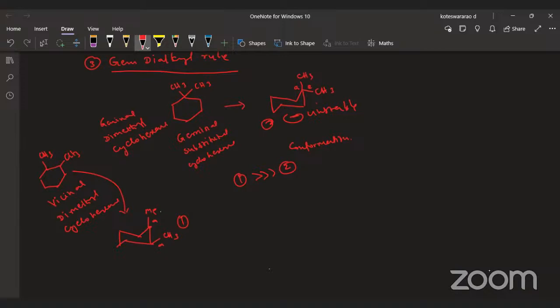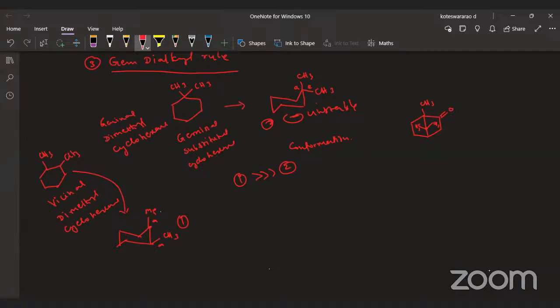For example, take simple camphor. This is the camphor. This position is a carbon. This is one methyl, this is another methyl, and another methyl is here, and here is a double bond. Look at this carbon position, known as the gem dimethyl or gem dialkyl position.